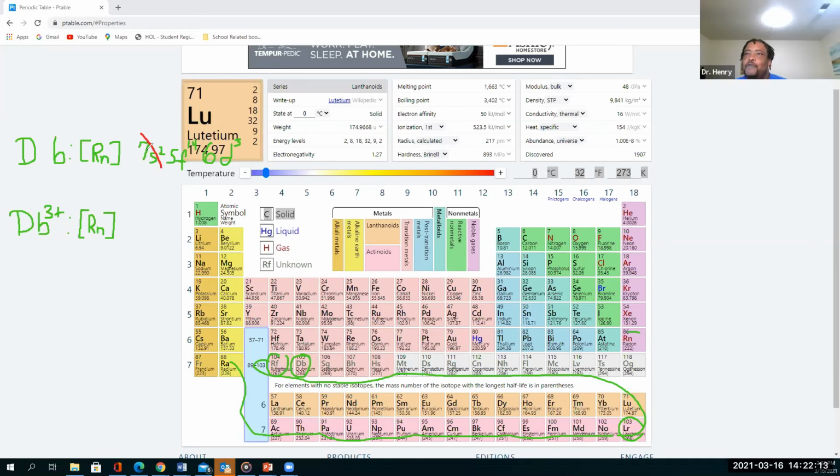That is correct. So we'd remove that and minus 1 from here. So then we'd be left with 5f14 6d2.